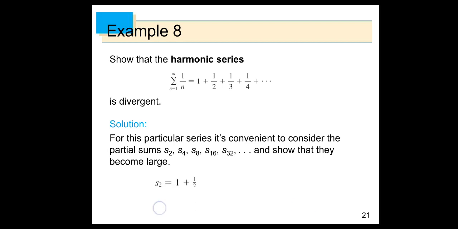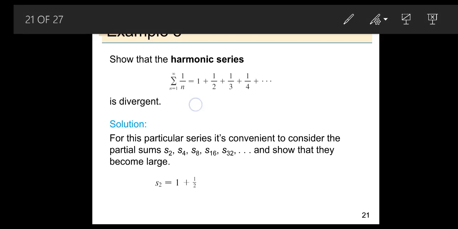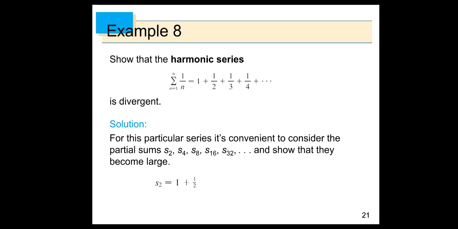So here we have S2. Our S1 was 1 and our S2 was 1 plus half. When we take S4 over here, it would be 1 plus half plus 1/3 plus 1/4.